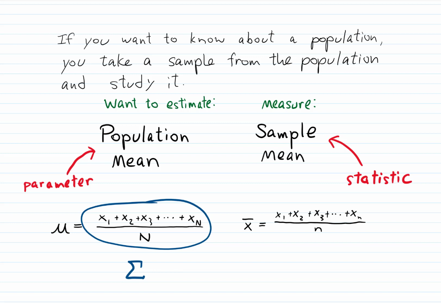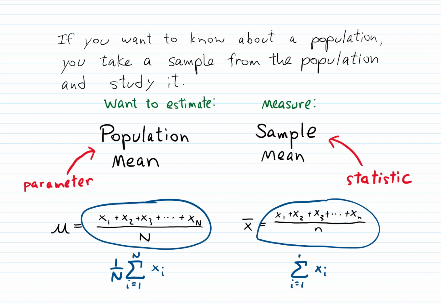And so it's x1 up to xn. So you write it like this, xi, where i goes from 1 to capital N. And then we divide that by capital N, so I put times 1 over N. For the sample mean, it would look like this: the sum of the xi's, where i goes from 1 to little n, and then we divide that by little n. So those are formulas you're going to need to know.